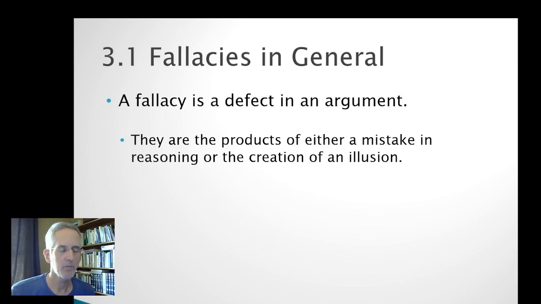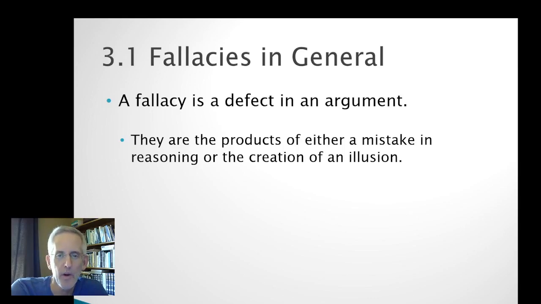So this week we're going to be concerned with what are called fallacies of relevance. But let's start by understanding generally what fallacies are and a fundamental distinction between formal fallacies and informal fallacies. Generally, a fallacy is a defect in an argument.